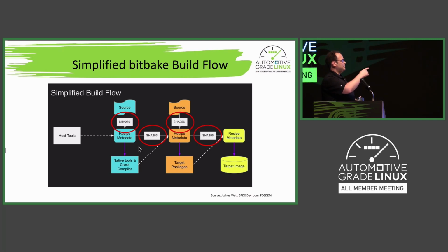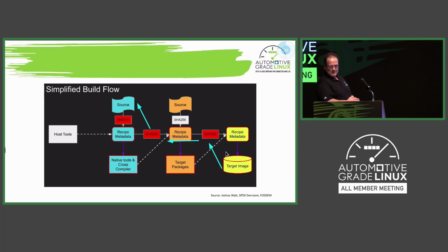Okay, let's jump a little back. Remember, we had hashes in here for every step essentially, right? Let's keep that in mind. We have the SBOM information from the target image, and essentially that kind of records this as well.